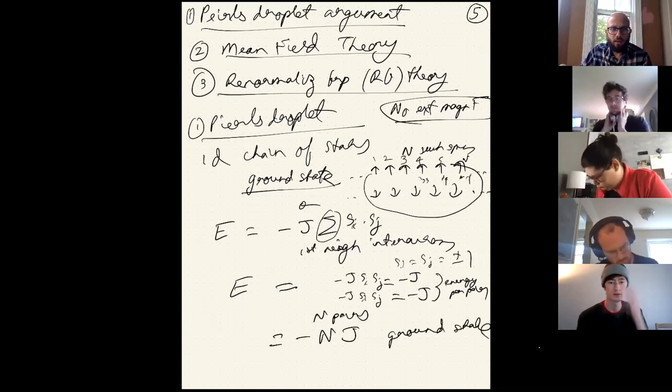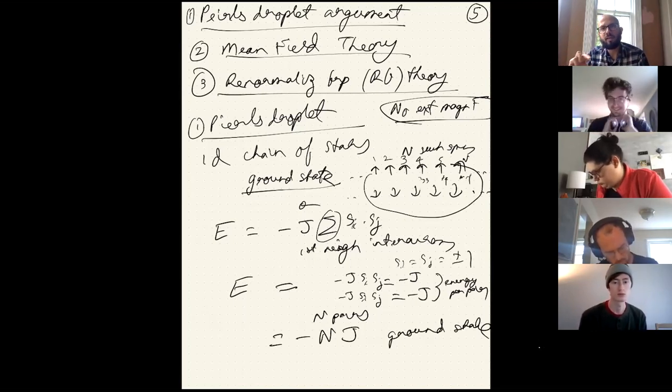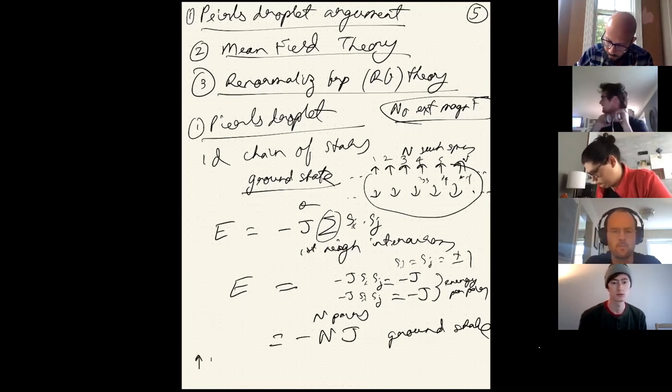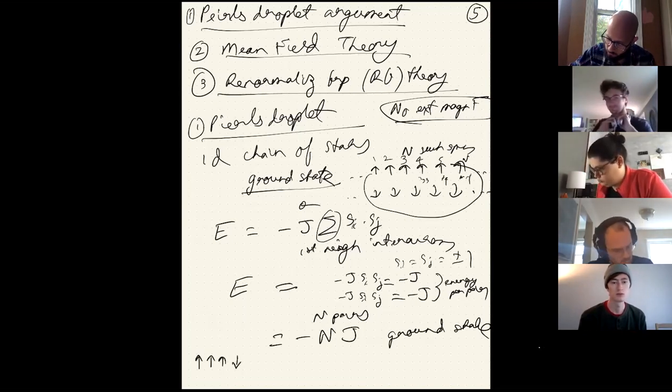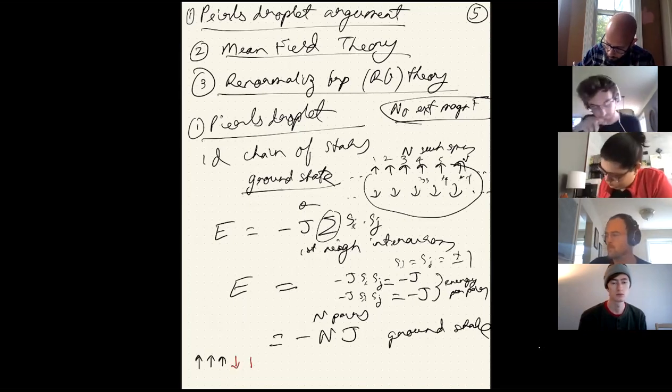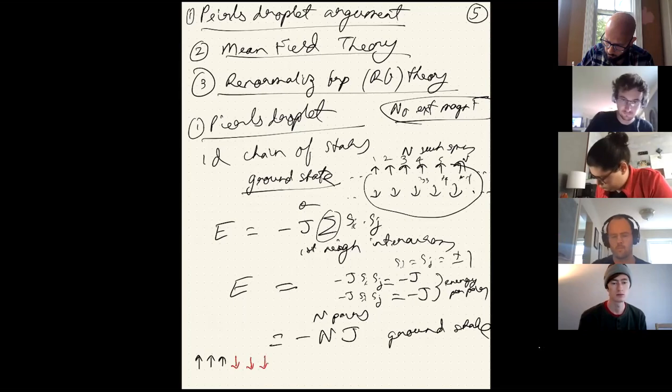Now let's think about flipping some of the spins, introducing a bit of disorder in the system. How do we do that? So we have some spins pointing up, up, up. And let's say we put a spin as down. I will use a different color. Down, down, down.